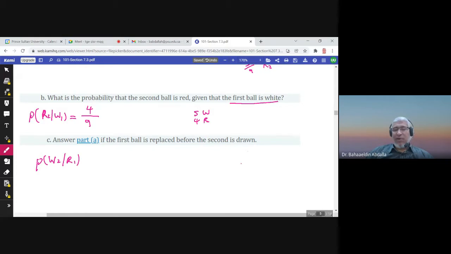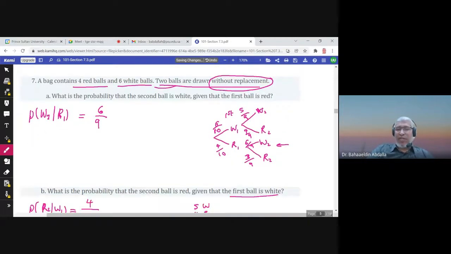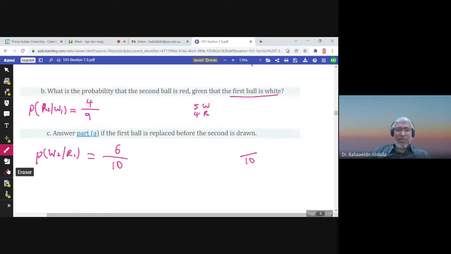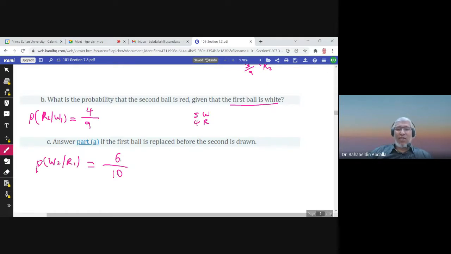So the number of balls is 10. So now we will divide by 10. And the number of white is 6 and the number of red is 4. So probability of white now is 6 over 10. Because we replaced the ball, we put it back, so we always have 6 white balls out of 10.